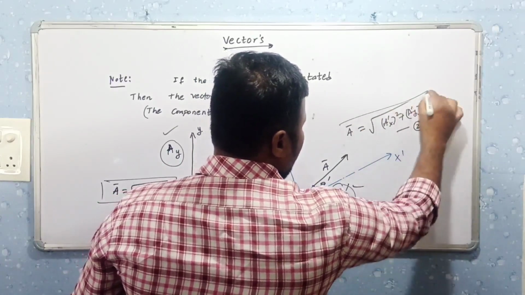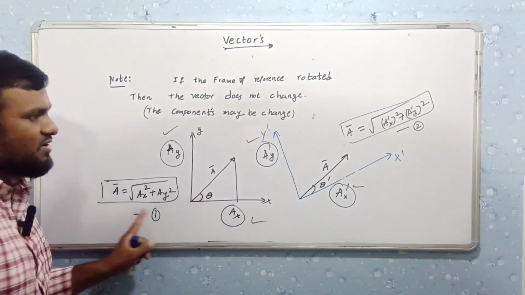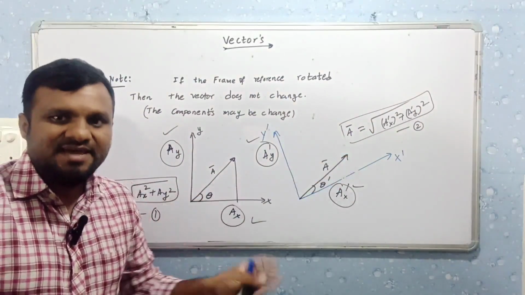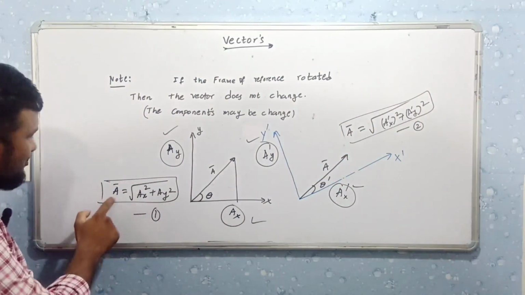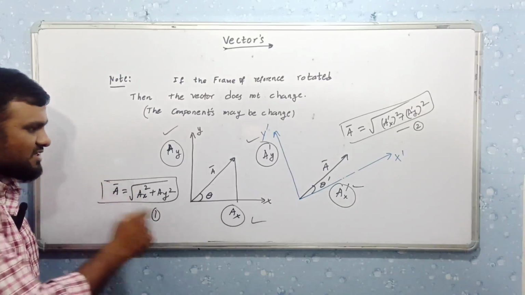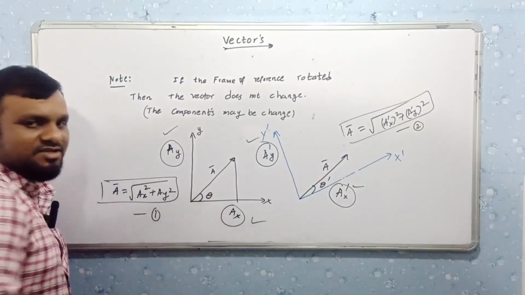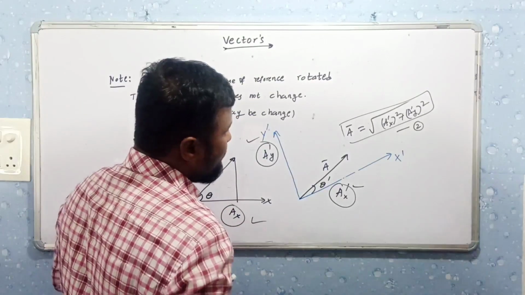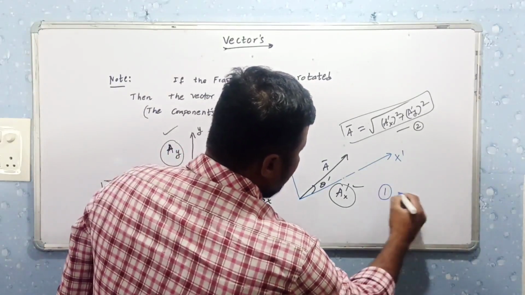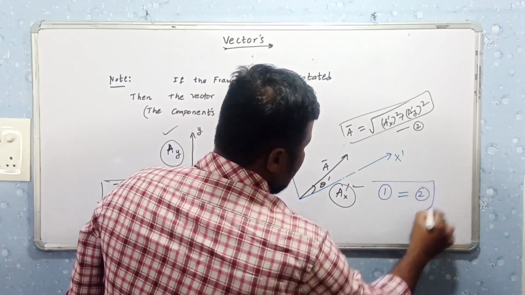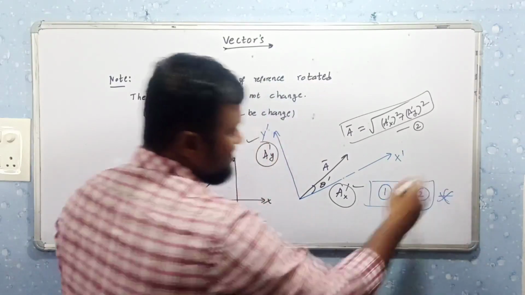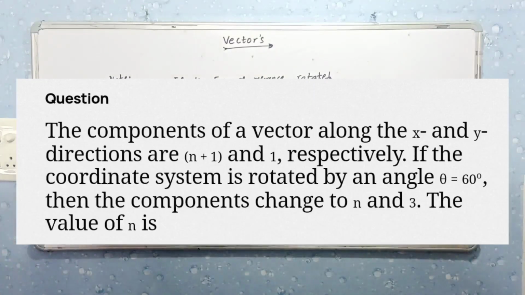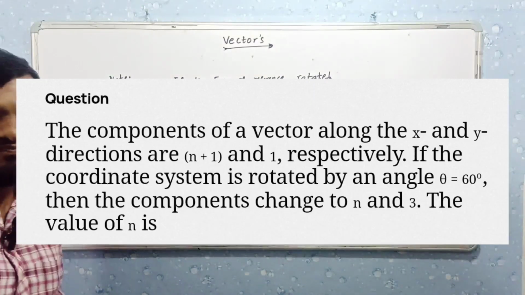Equation number 2. Equation number 1 and equation number 2 should be treated as the same. Why? Because the vector direction does not change. The resultant vector does not change, so we can equate equation number 1 and 2. Remember this trick. Now we will do an example.